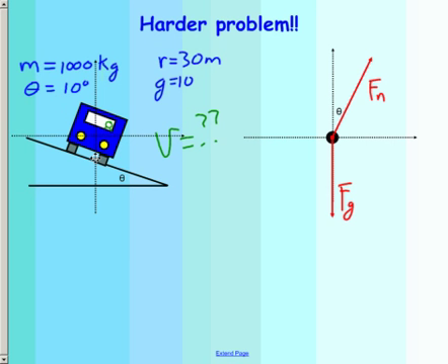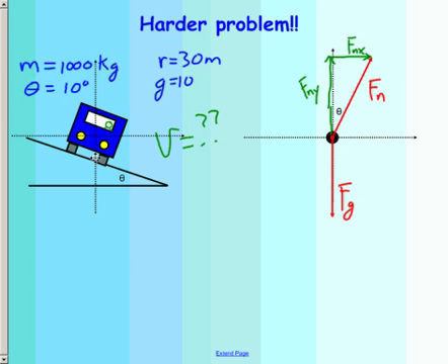All right? So what I want to do is break the normal force into two forces, and I'm going to draw them as green lines. I have the normal force in the y direction, and I have the normal force in the x direction. Now, let's think for a minute.